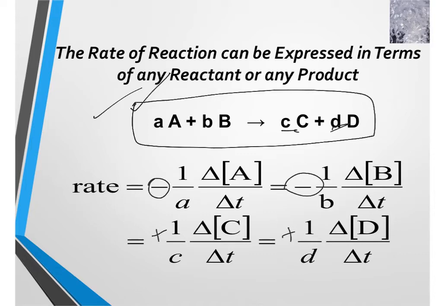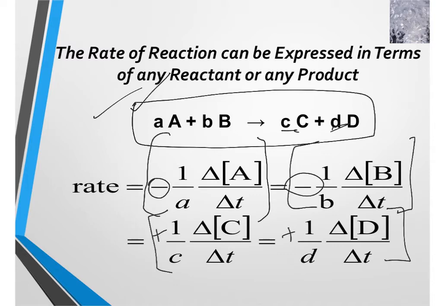So you only need to do this if you are comparing the rate of a reactant or product with another reactant or product. To make them equivalent to each other, you have to pay attention to the coefficients in the balanced reaction, right? Because the larger the coefficient, the faster the concentration of this substance is going to change, right? And so if you're setting them all equal to each other, and let's just say A is large, okay?